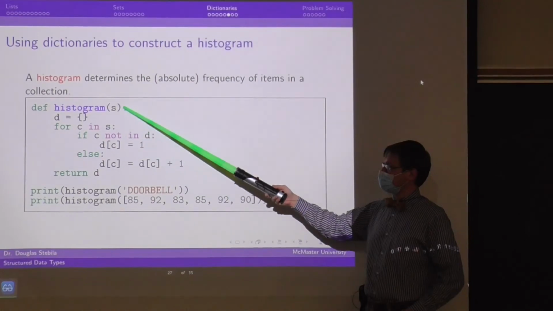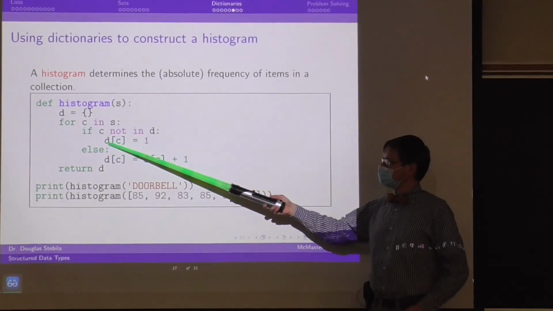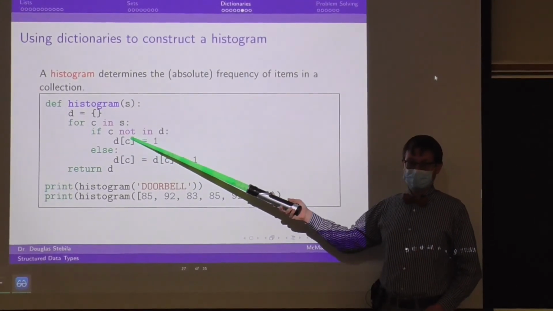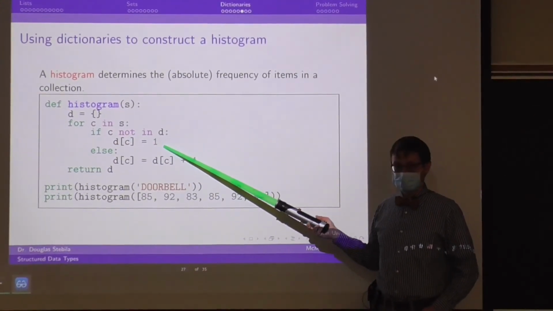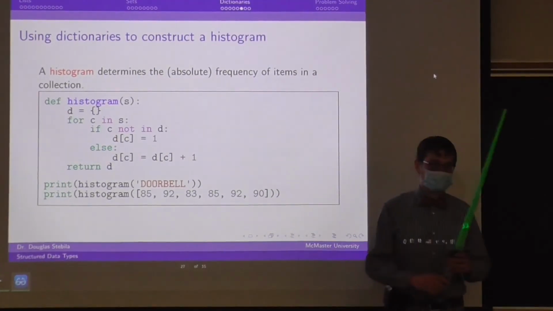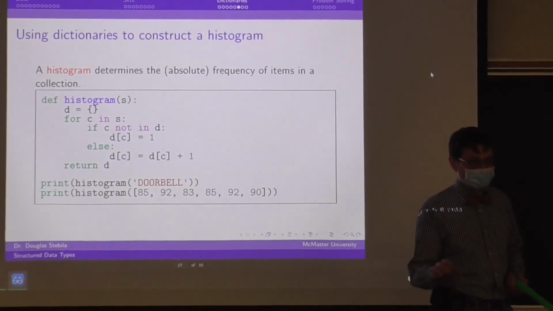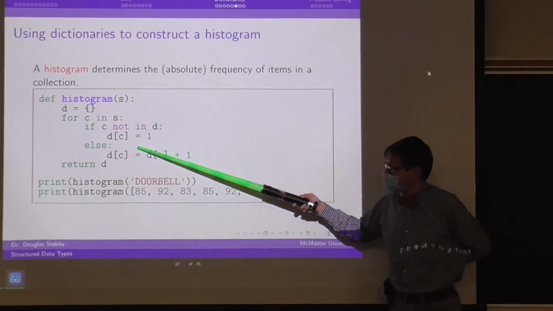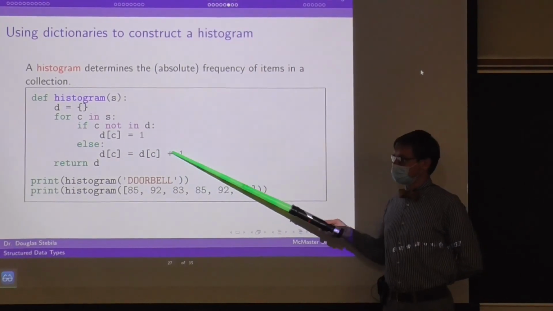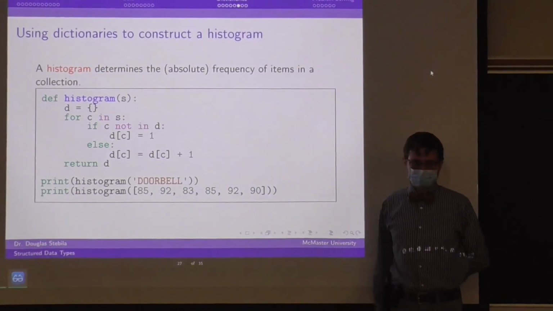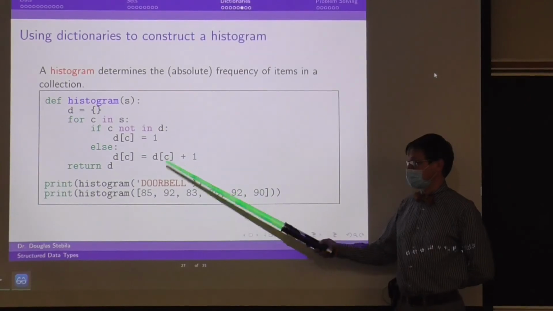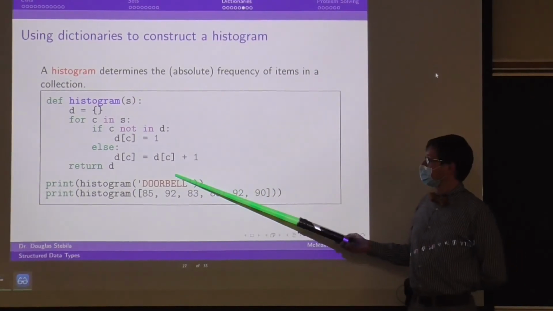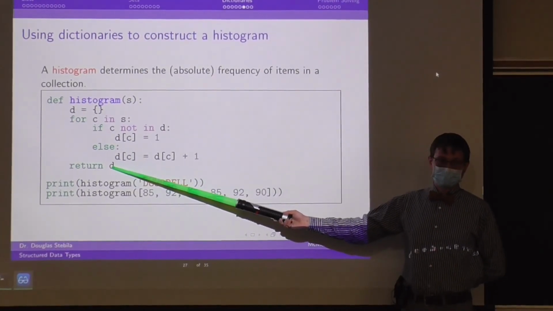For each character in S, if the character is not in the dictionary, we assign to that character a value of 1. That says this thing is now being tracked. We start off with 1 because we found one of them. If it does exist in the dictionary already, then we increment the value corresponding to that character when the character is used as a key. At the end, we return D.